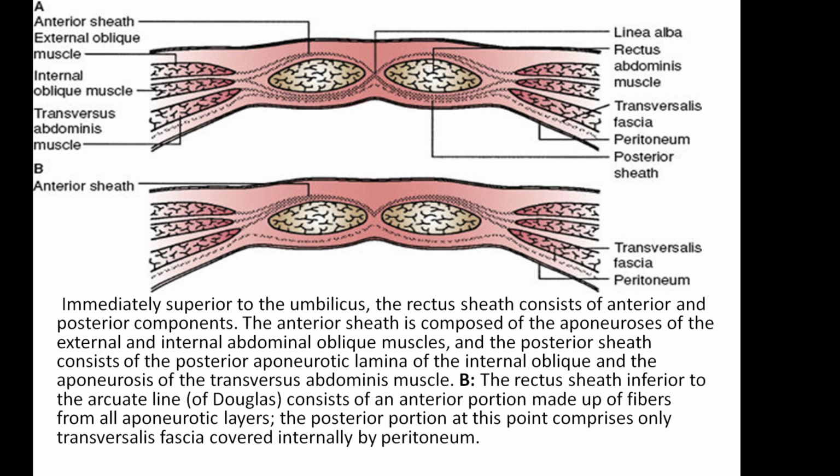The rectus sheath, inferior to the arcuate line of Douglas, consists of an anterior portion made up of fibers from the aponeurotic layers. The posterior portion at this point comprises only transversalis fascia, covered internally by peritoneum.